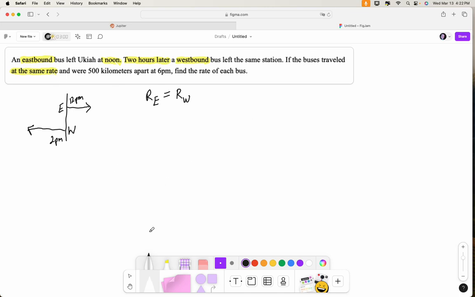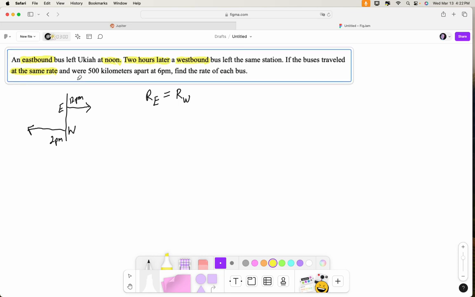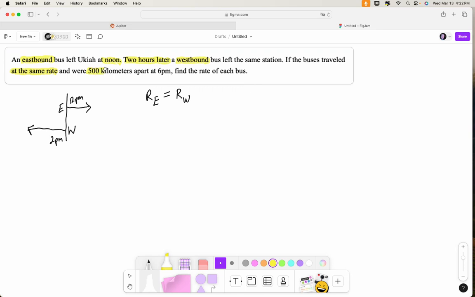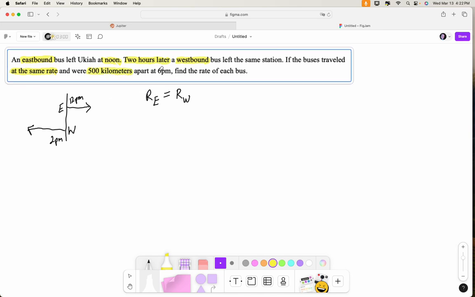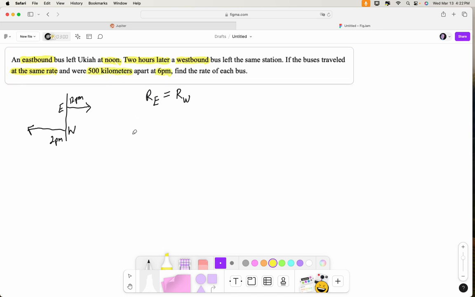Now we keep reading: if the buses traveled at the same rate and were 500 kilometers apart at 6, find the rate of each bus. This point here and this point here, that is 6 p.m. And the total distance between here and here is 500 kilometers.